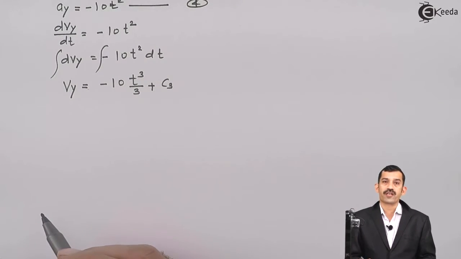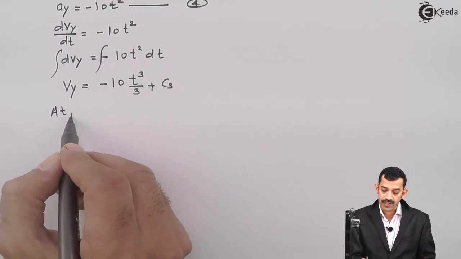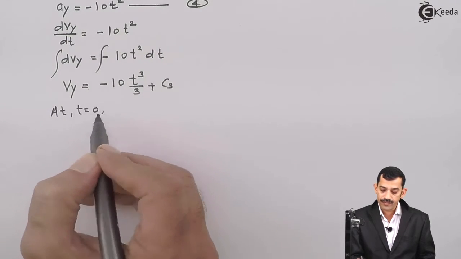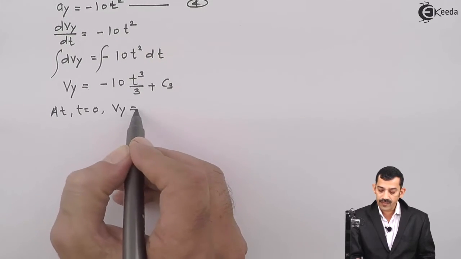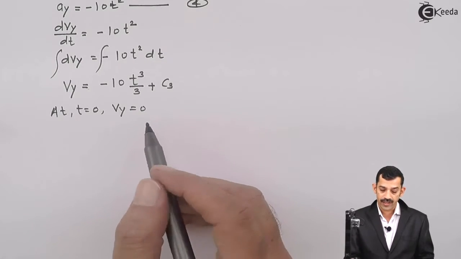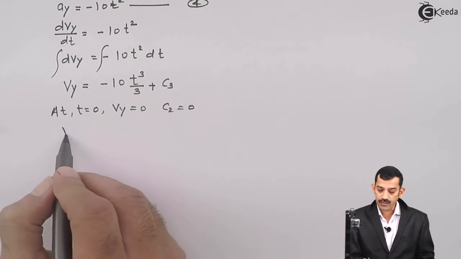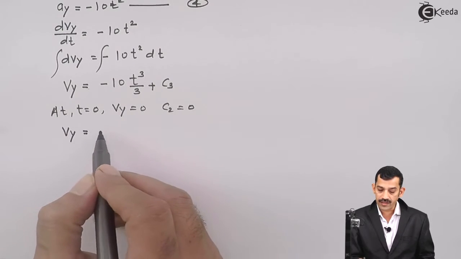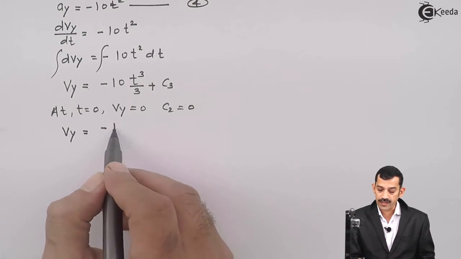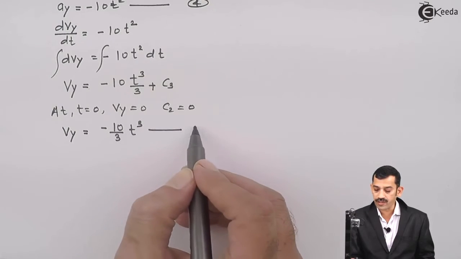Initially the particle starts at t equal to 0. That means the condition given is at t equal to 0, vy is 0. If we substitute t as 0 and vy as 0, we get c3 equal to 0. Therefore, the equation of vy is minus 10 by 3 t cube, say equation number 5.